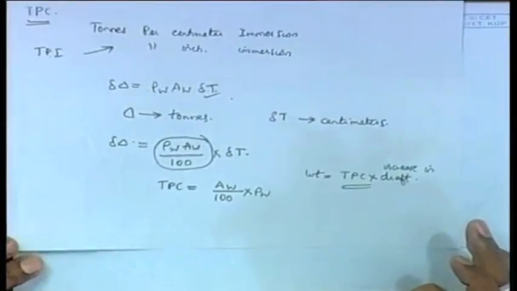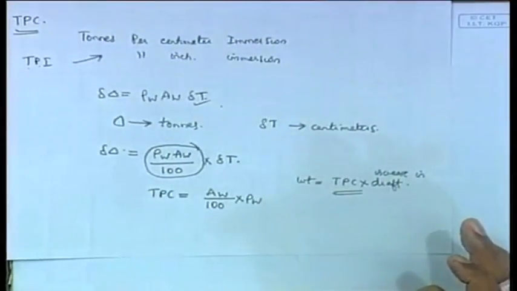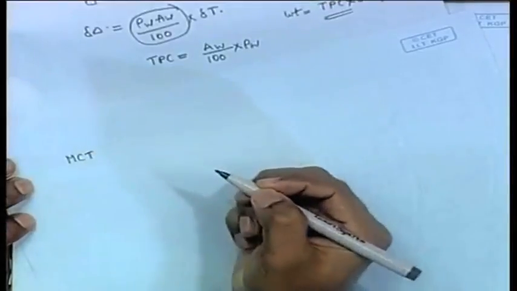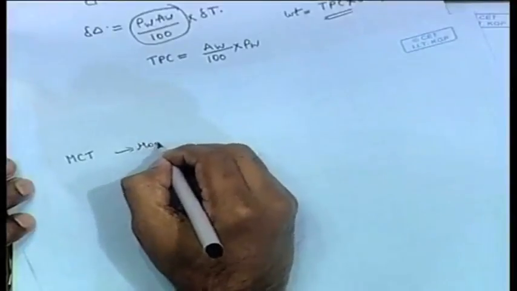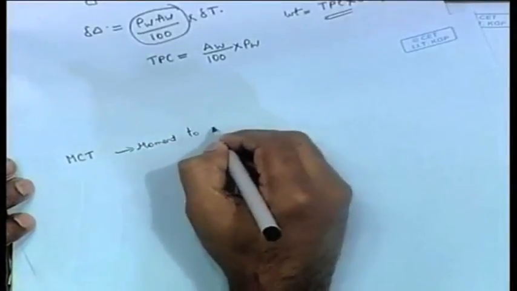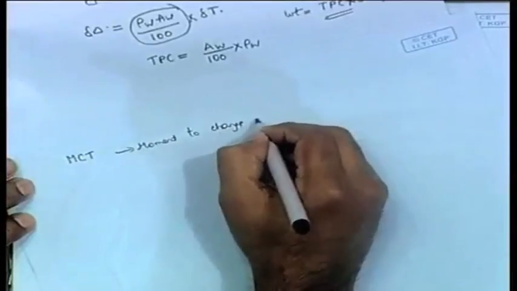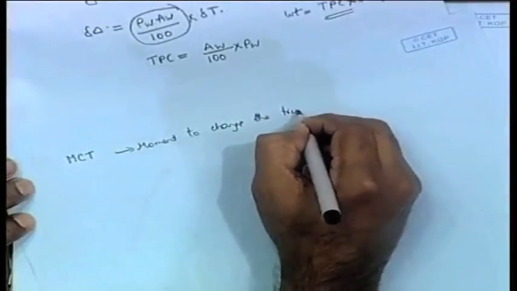Now, there is another term that comes along with this, that is known as MCT. Just like TPC, MCT is very similar. It is the moment to change trim by one meter.